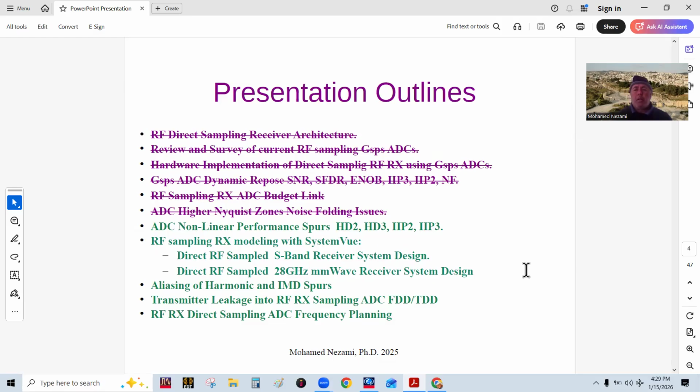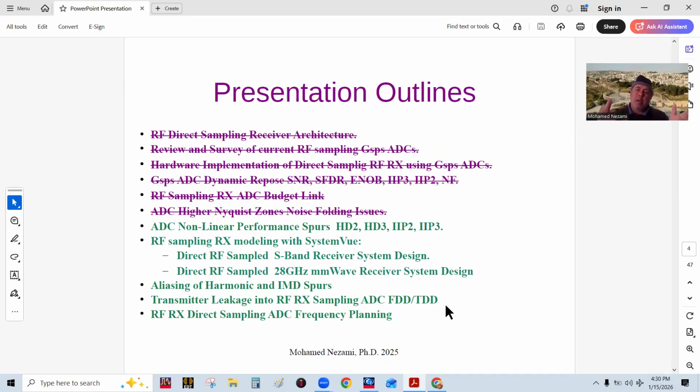The issue with those spurs is that they fold back, and once you go through the digital down conversion and the decimation, they move around, so you have to keep track of them. That's why we're going to talk about RF direct sampling, RF system frequency planning, and that's what really replaces the conventional receiver system planning that we used to do.